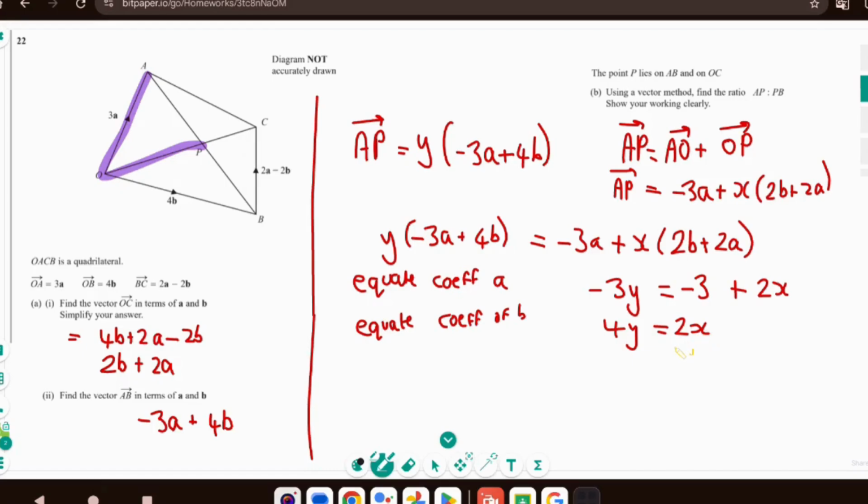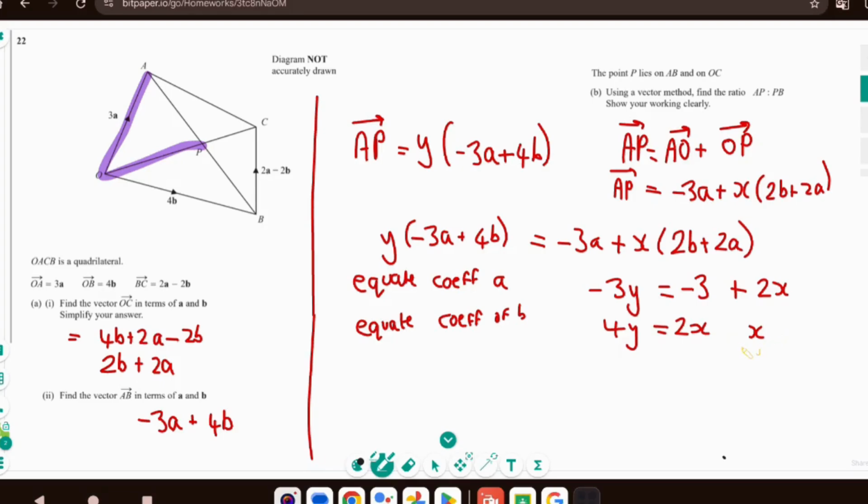You could make them equal to the number, I suppose, and use the elimination method. But I think here it's best to make x or y the subject and then sub it into the top one. Doesn't really matter which way you do it, I'm going to make x the subject, by dividing both sides by 2.